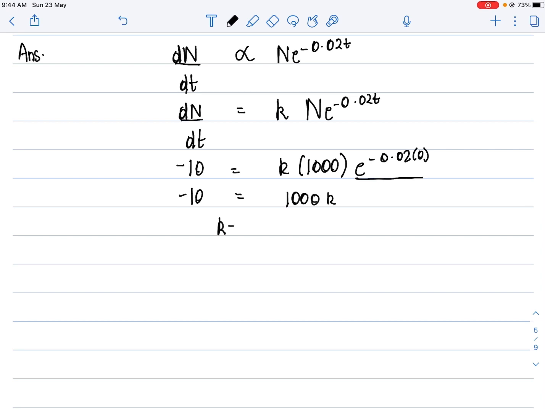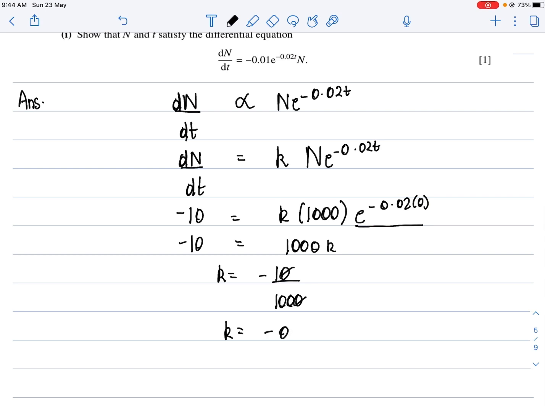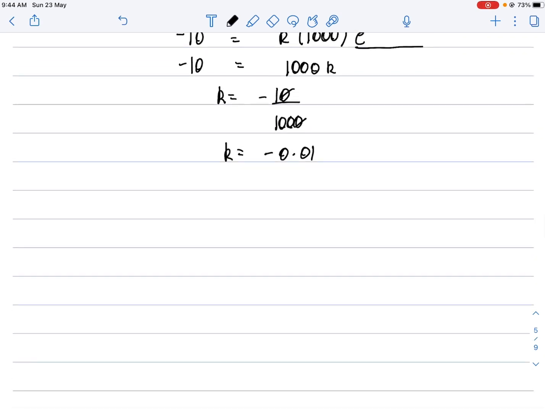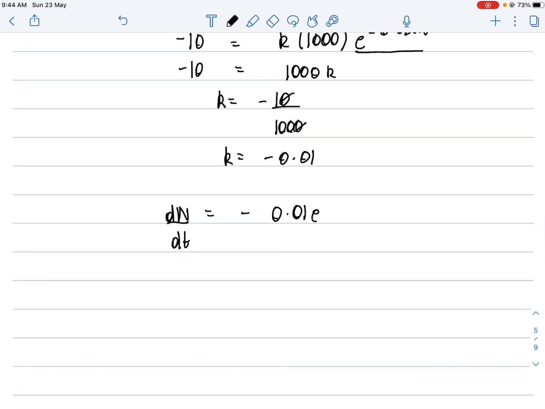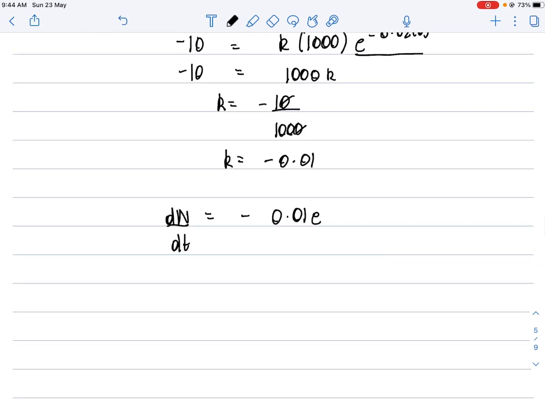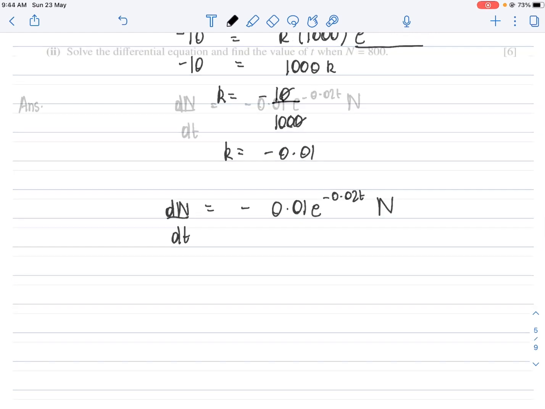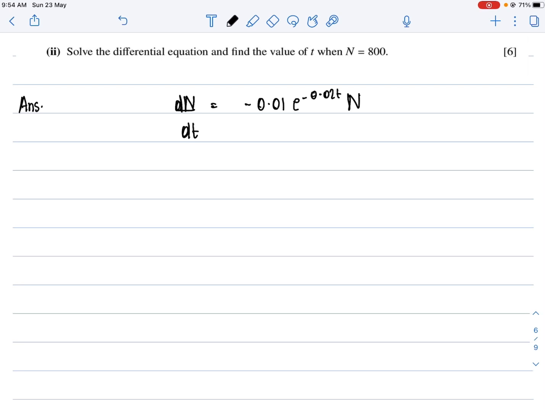So k is minus 10 over 1000, which gives k as minus 0.01. So finally dN/dt equals minus 0.01 e raised to minus 0.02t, and N. Yes, so this is the second part of the question.